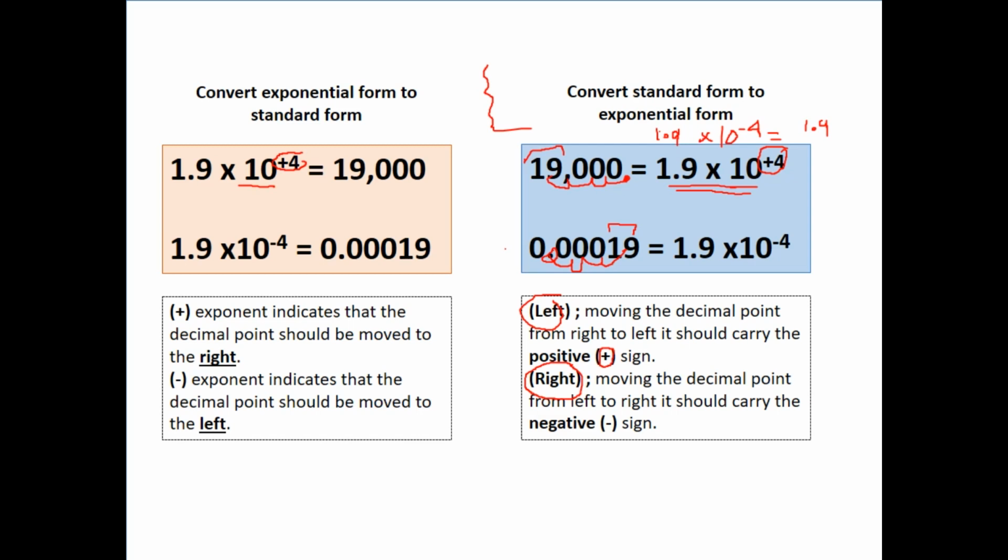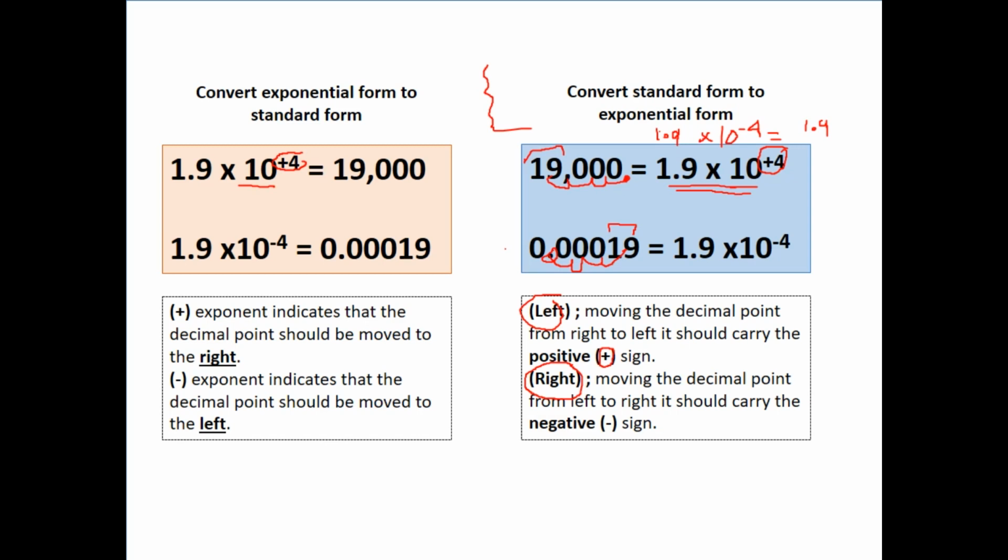Move it to the right. So, 1, 2, 3, and 4. So, it becomes 1.9. Because again, if you pass it by one more, it becomes 19 and it's more than 10. It cannot be in exponential form. So, it is just 1.9. Since you are moving to the right, we will have the negative sign.